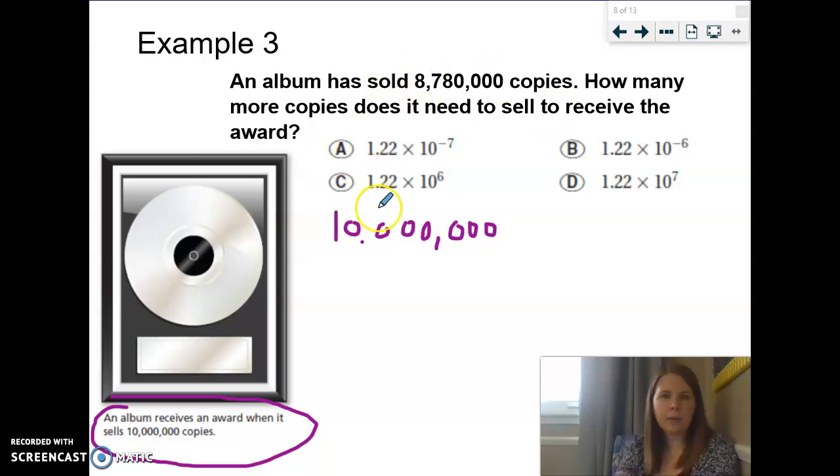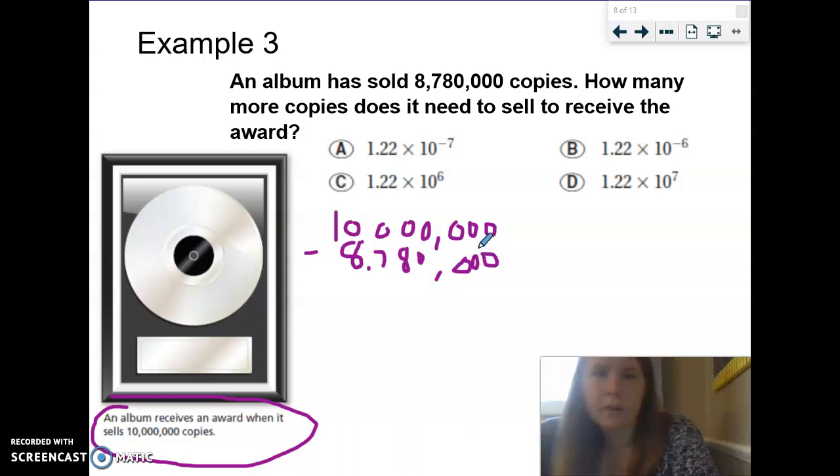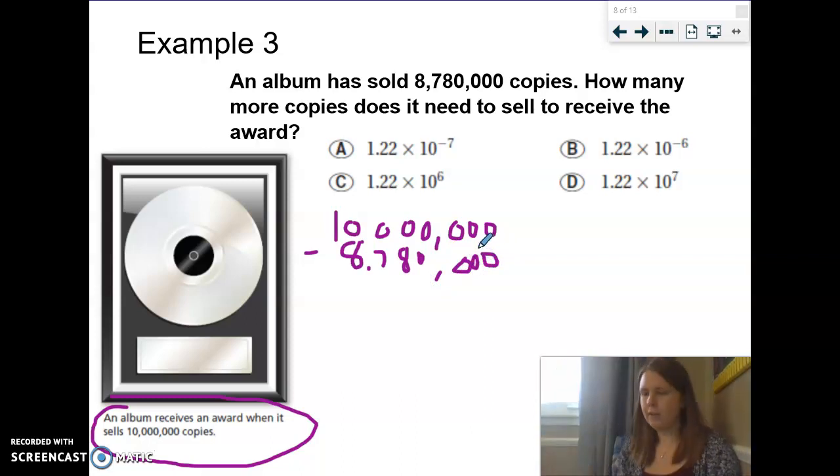All right, and then I'm going to subtract the other amount. That's going to give me the difference in how many more I need. All right, I got to find my calculator. Here it is. Let's plug this in a calculator. Make sure I've got enough zeros. 10,000,000 minus 8,781,234.